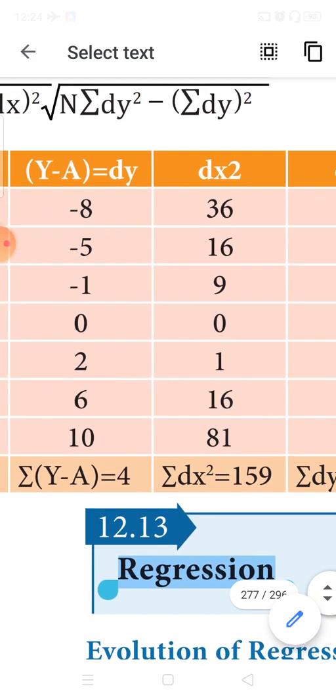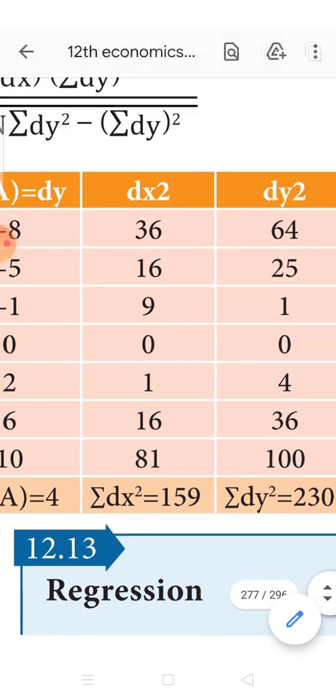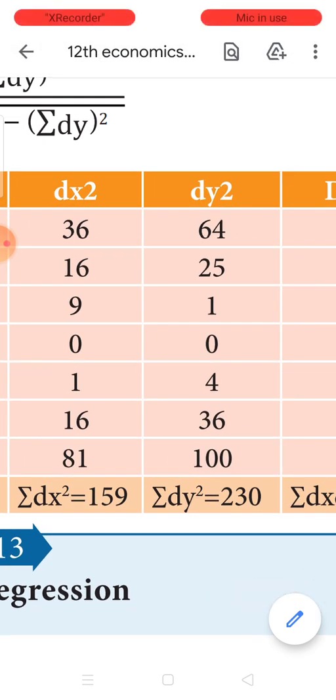Even if the dy value carries a minus symbol, when you multiply minus 8 into minus 8, it becomes plus 64. Now summate everything: 64 plus 25 plus 1 plus 4 plus 36 plus 100. You get 230. This is sigma dy square, because we have to substitute it in the formula.